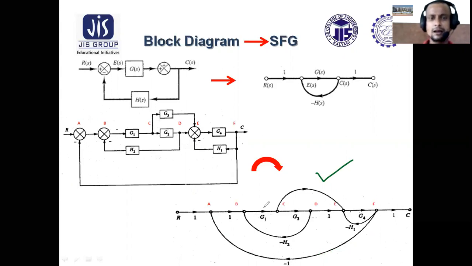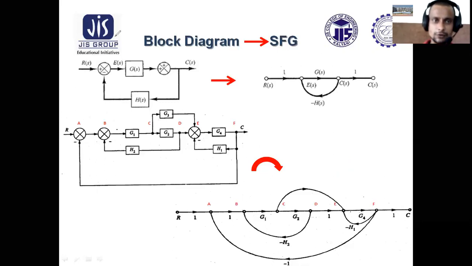If all the summing points and takeoff points are marked properly in the block diagram, and while replacing them in the SFG as nodes you mark them with the same names, you will make minimal mistakes during the conversion. Once the SFG is obtained, you can apply Mason's gain formula, as we discussed in the last class, to get the overall transmittance or transfer function.